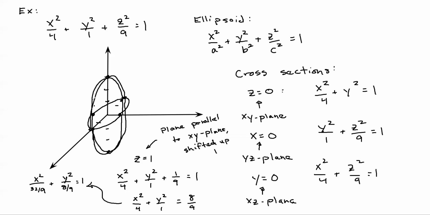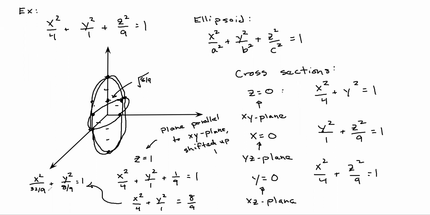If you go in this direction, you're going to hit the opposite side. So this distance here should be the square root of 8/9.